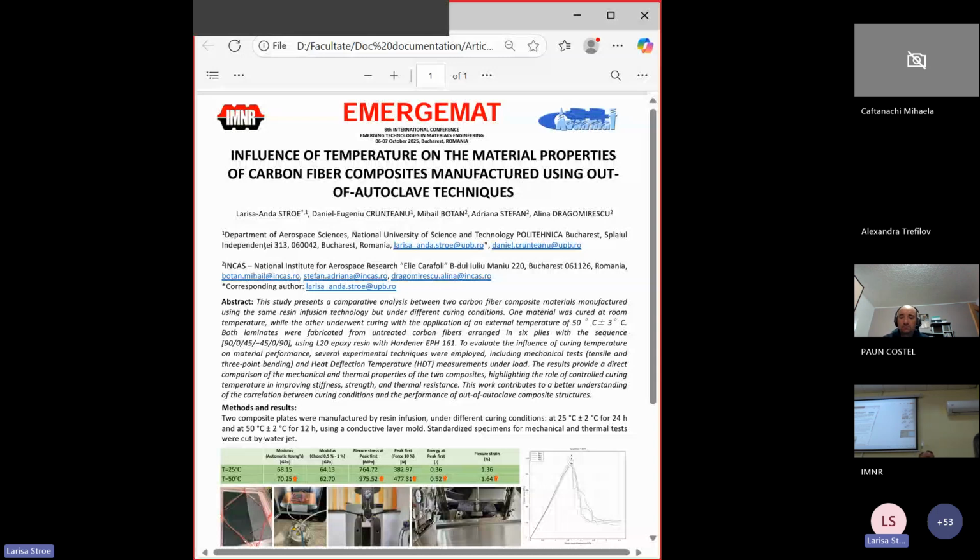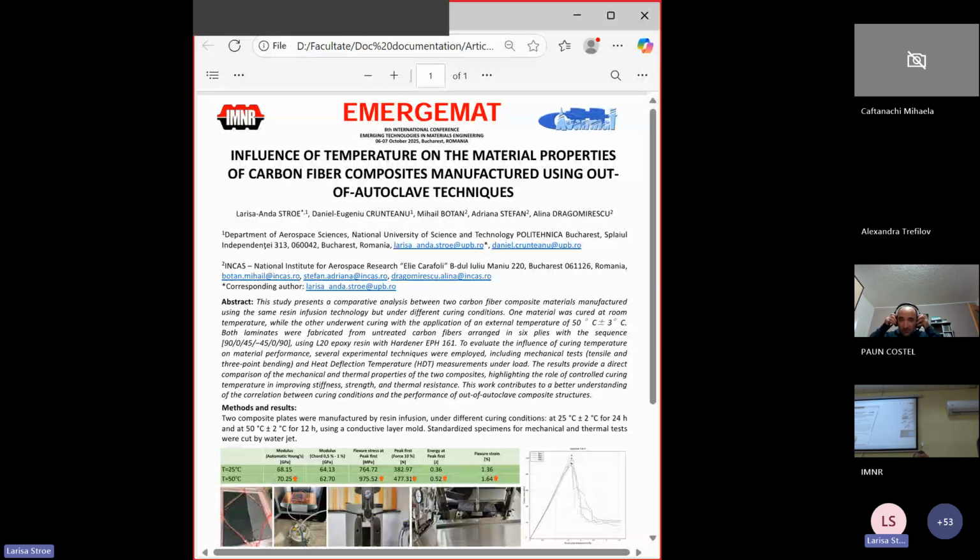And as for findings, they show clear differences between these two curing conditions. Stiffness: the laminate cured at room temperature shows slightly higher stiffness values, around 70 gigapascals, compared to the elevated temperature laminate.